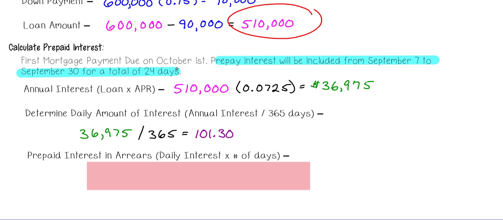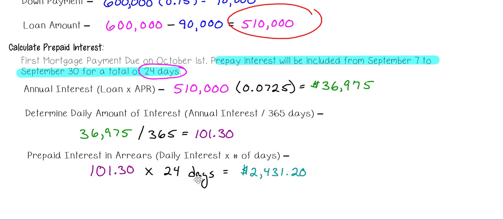We are prepaying 24 days of interest, so the daily interest of $101.30 would be multiplied times 24 days. They're going to have to prepay $2,431.20. This was the amount of interest to prepay at closing.